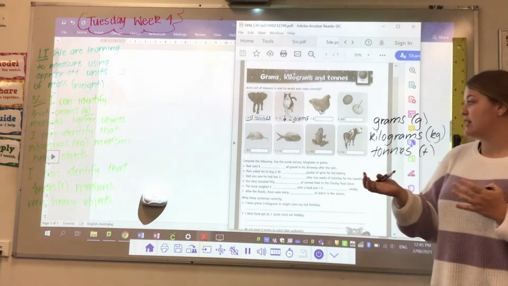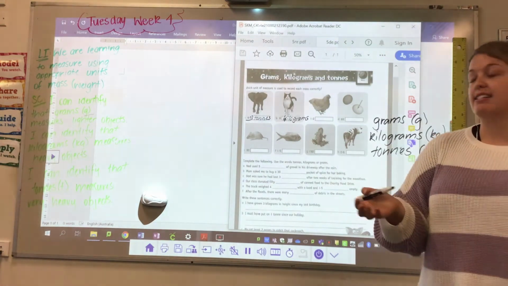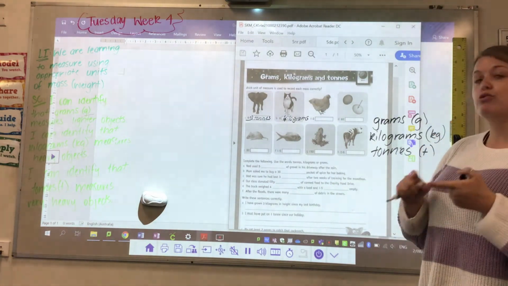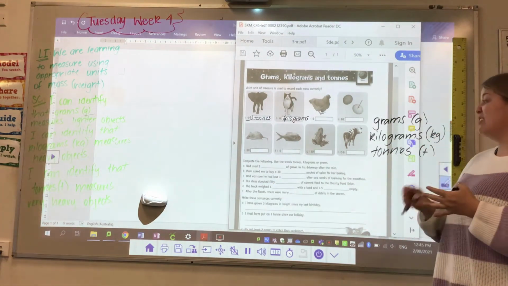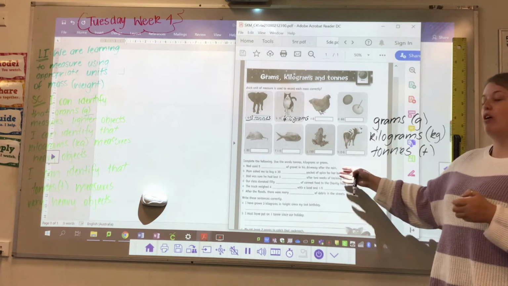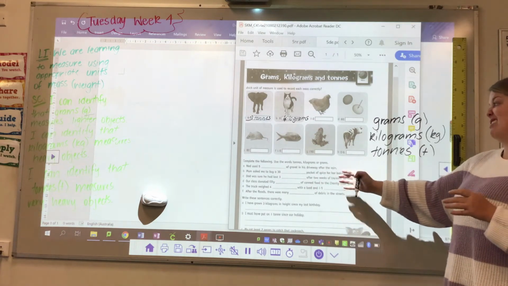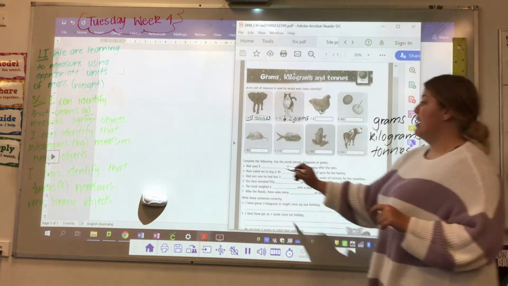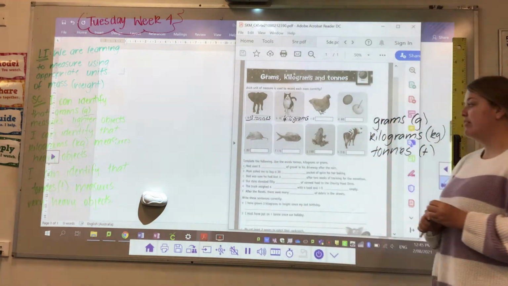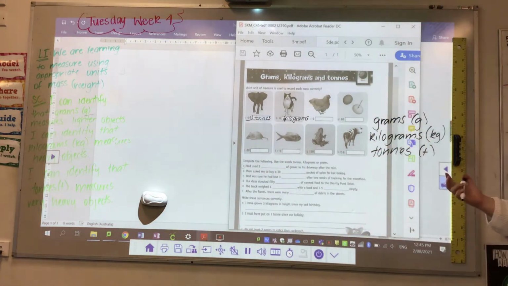Okay, so for the next bit, we are doing a very similar activity. So you will need to choose the most correct word that you think fits best to describe the weight of the things in this sentence. So if we look at question A here, Ned used 5 something of gravel in his driveway after the rain. Do you think the word is tons, kilograms, or grams?